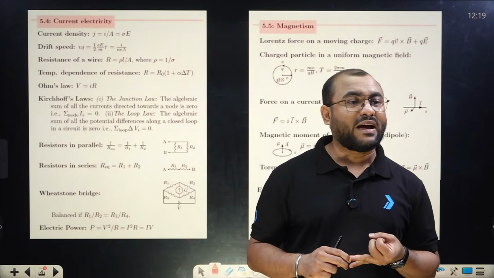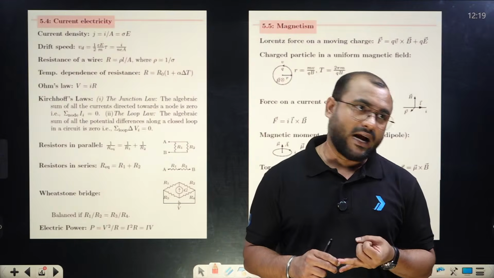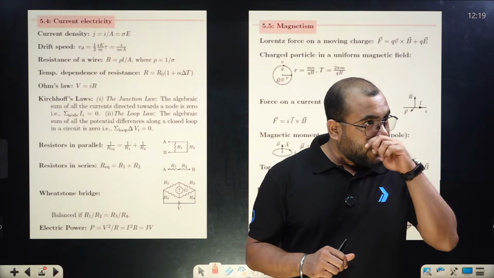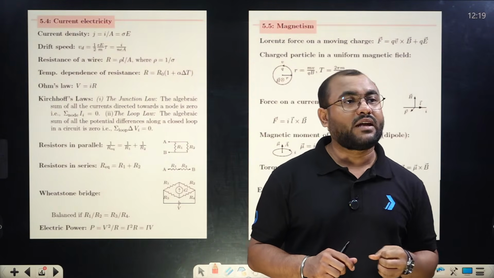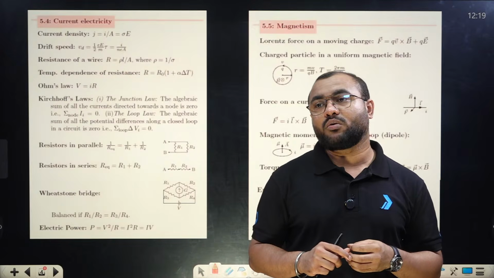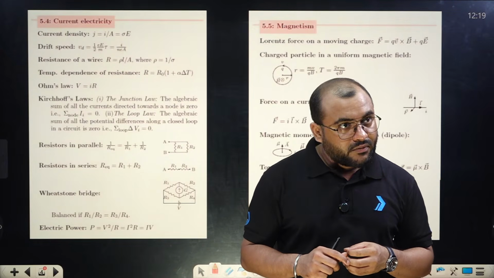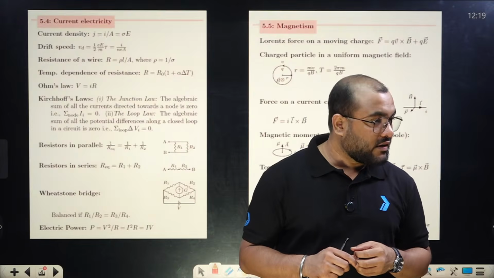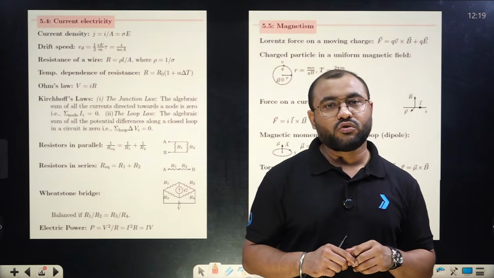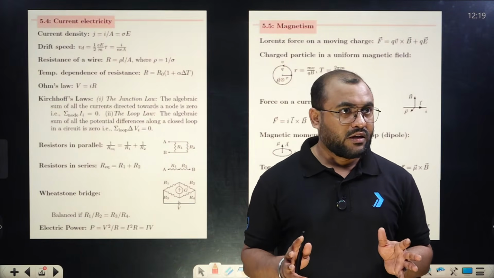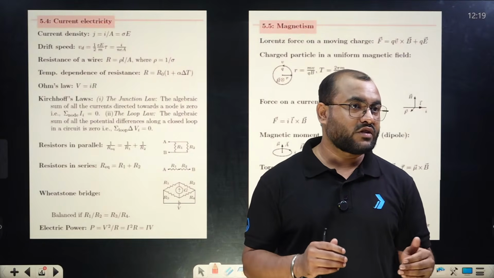Getting my point? Because the maximum number of questions will be solved by that only. Moving next, what else is very much needed? You should be very much aware of the EMF. If EMF and internal resistance questions are asked, you should know how to solve them. So these two types of questions are very much necessary.